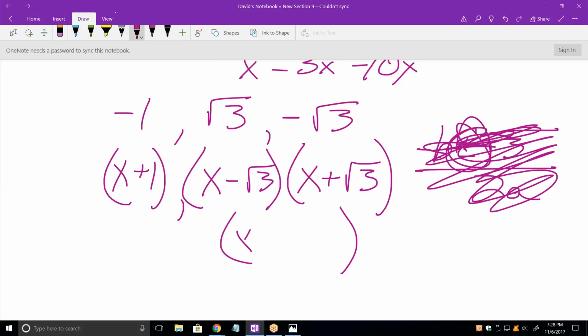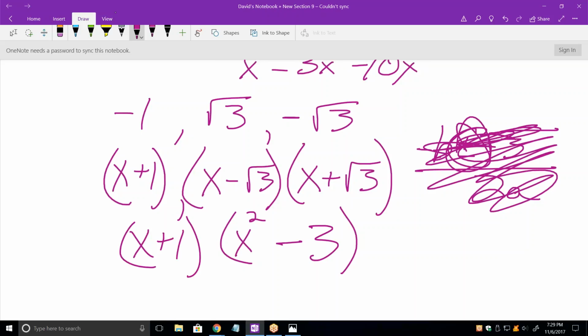So x squared, think difference of squares. So it's always x squared minus 3. Minus 3, exactly. Times x plus 1.